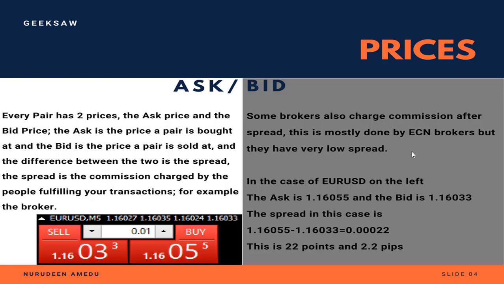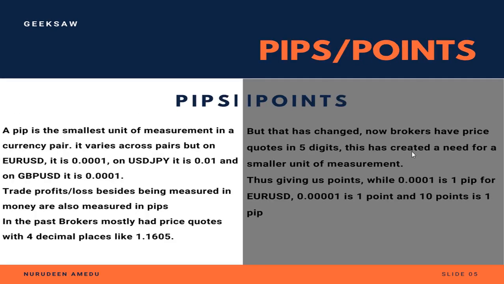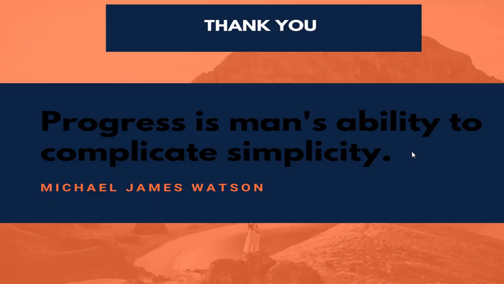That is 0.00001. That's the smallest value on that price. That's the point value. Point value is mostly used when writing programs for the market, but most traders don't use points to measure their profit. They usually use pips. So points is more for programmers.